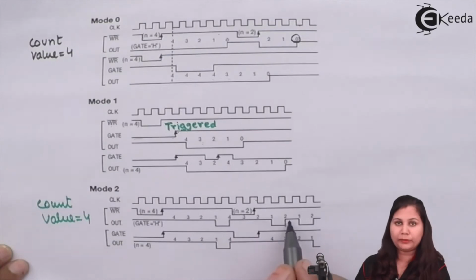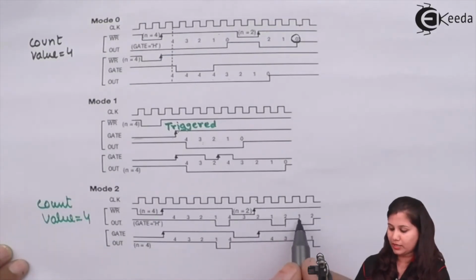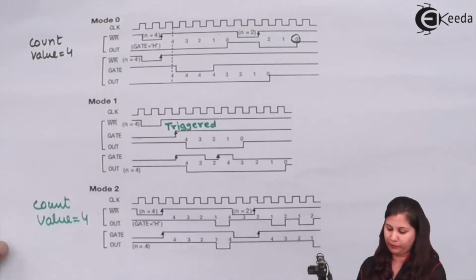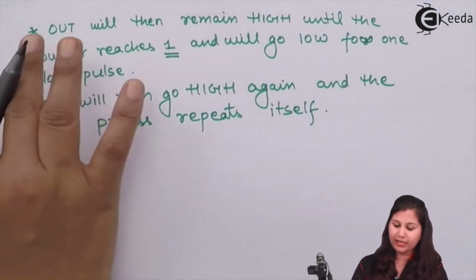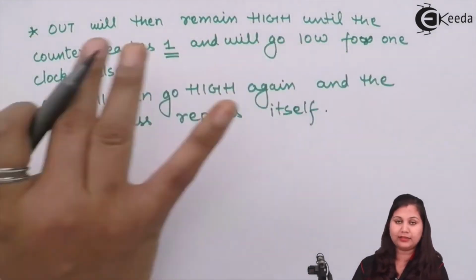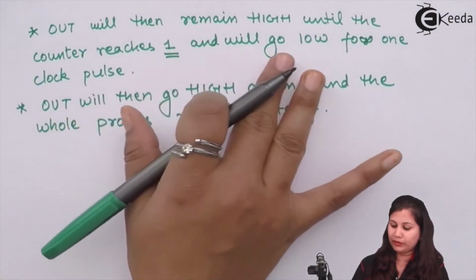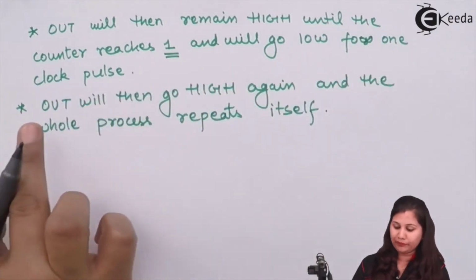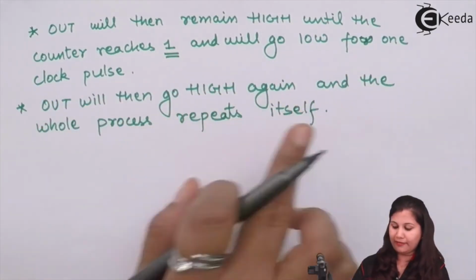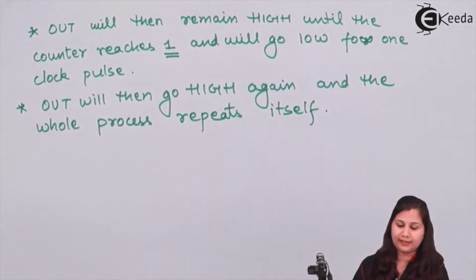Then this 2 will be loaded, so 2, 1, again it will go low for 1 clock pulse. So here I have written that out will remain high until the counter reaches 1, and it will go low for 1 clock pulse. Out will then go high again, and the whole process repeats itself.